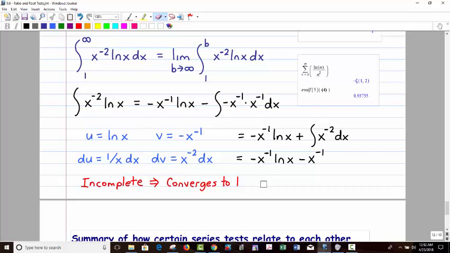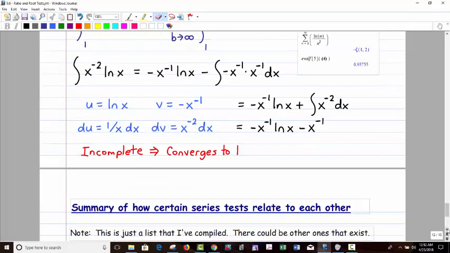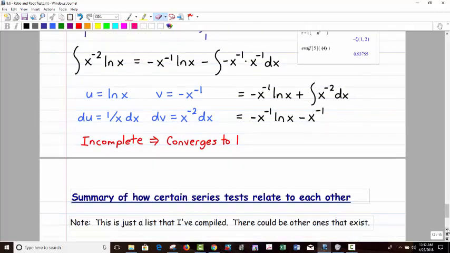Evidently that goes to 0. Anyway, you end up with 1 when it's all said and done, that it converges to 1 after you evaluate this part with the limit as b goes to infinity. If I was using a tablet PC, I could actually write that out, but if I tried to freehand it, it would look too messy. But that's the key: you would use L'Hopital's rule right here on this first part. Drop the x down to the bottom.